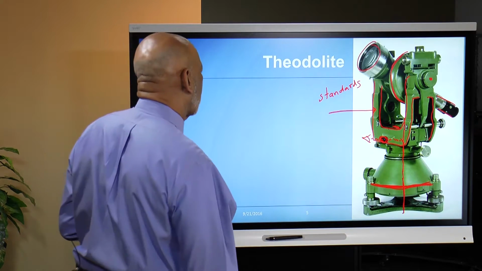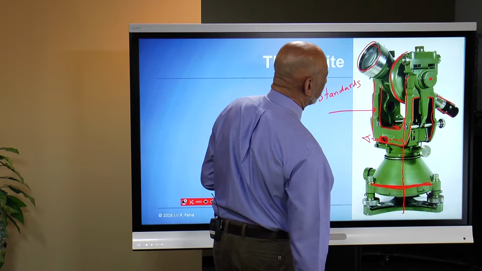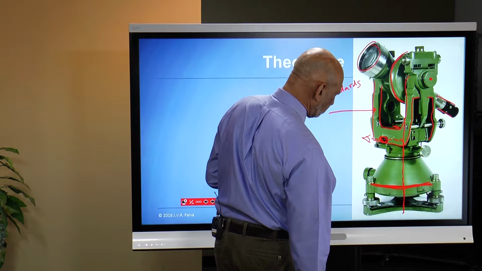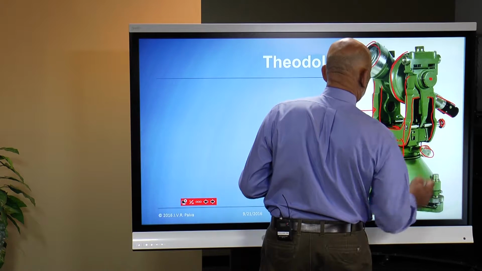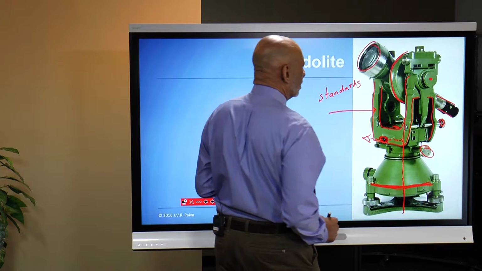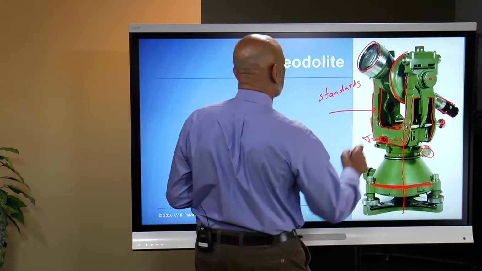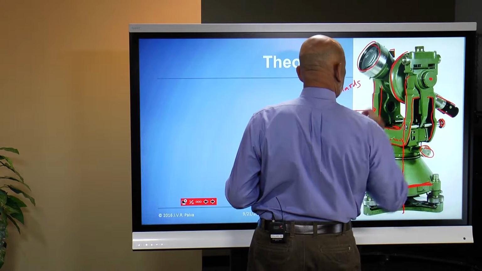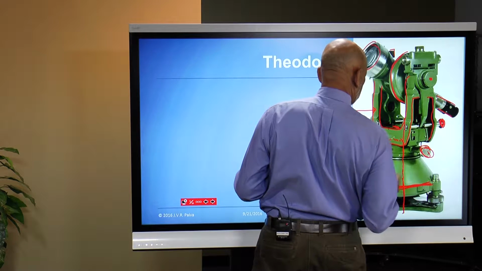I won't get into the complexities here, but the leveling base is actually easier to level up the instrument. There are a set of controls, I won't go into all of these, that are used to point the instrument at the targets that you're observing, various clamps and so forth. Here's what's called the vertical clamp, the horizontal clamp, the vertical tangent motion.